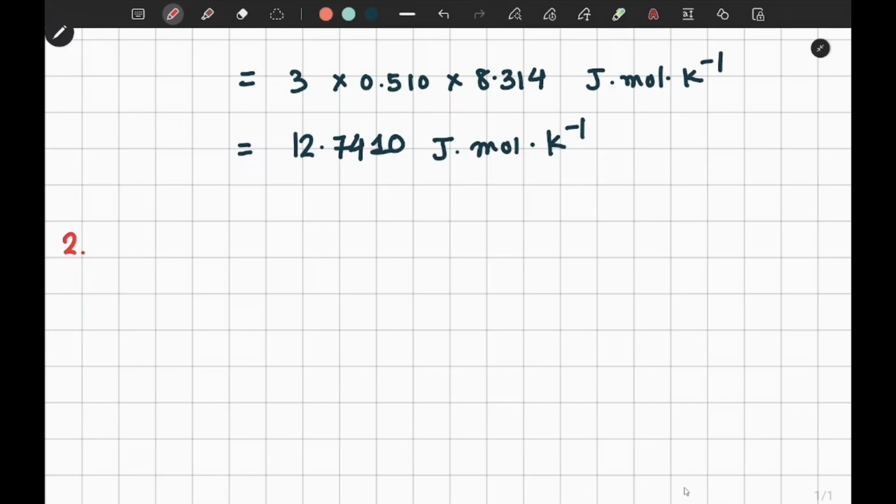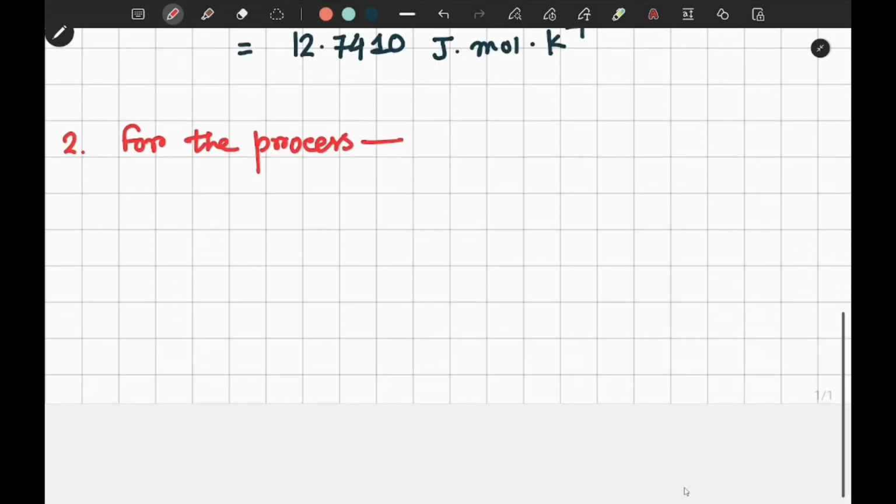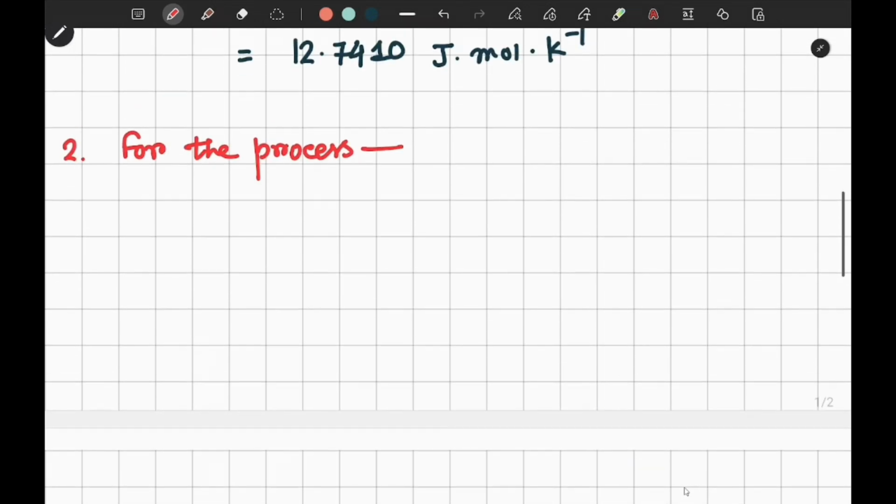Now again we have to consider the process. What is the process that is mentioned here in the question? That is 1 mole of argon gas from 300 Kelvin and 1 bar.